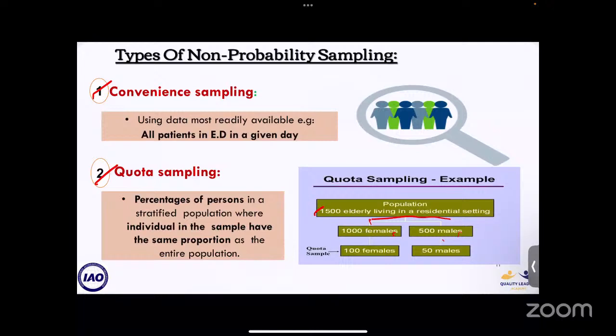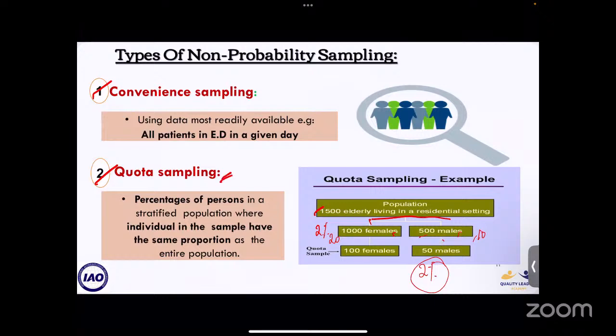If I take 2% of the females from the 1,000, that will be 20. And if I take 2% of the males from the 500, that will give me 10. So the percentage is fixed, which is 2%, but the numbers differ. This is quota sampling, because when you take a fixed percentage, it is quota sampling.